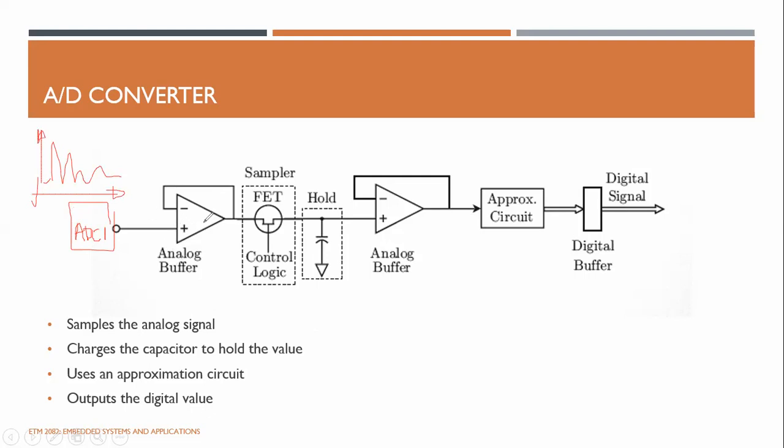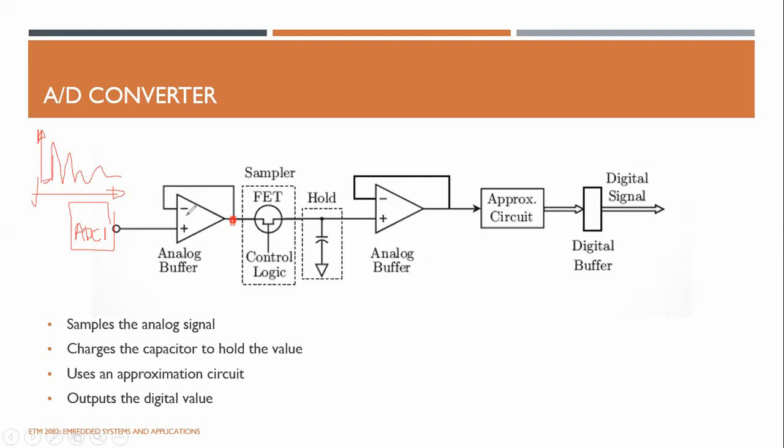It has an analog buffer, right? The analog buffer is just an op-amp. Think of it as an op-amp. The non-inverting input is connected to your signal, and the inverting input is connected to the output. So the gain of this is 1.